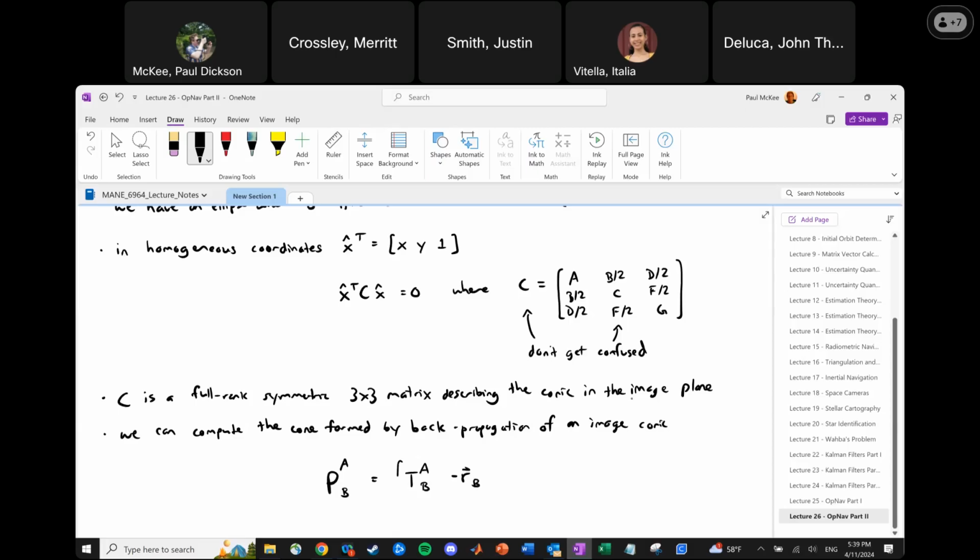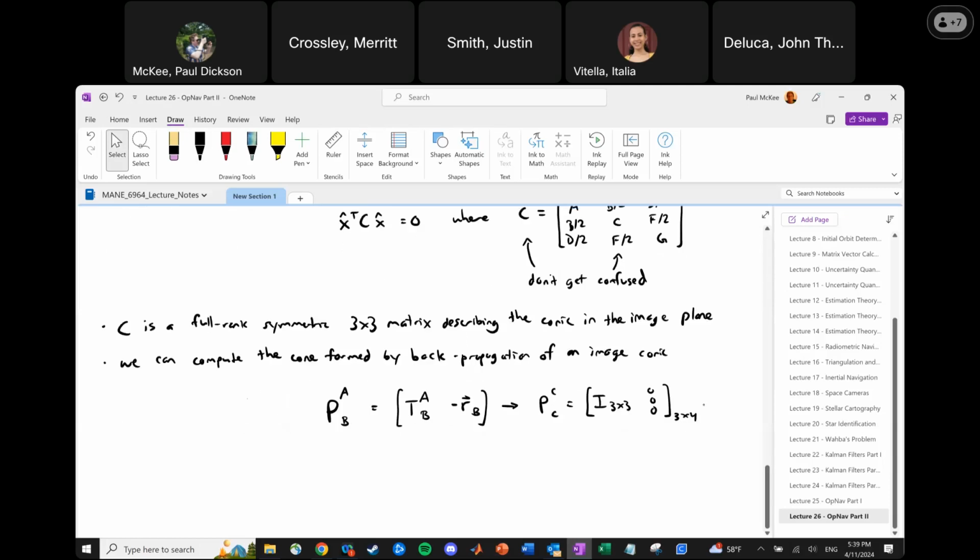So this would be the position of B with respect to A. You could think of it that way. In much the same way, P from C to C would be the identity matrix and then just 3 zeros. So this would be a 3x4. Okay, keep bearing with me. This seems like a curveball. It's going to make sense in a second.